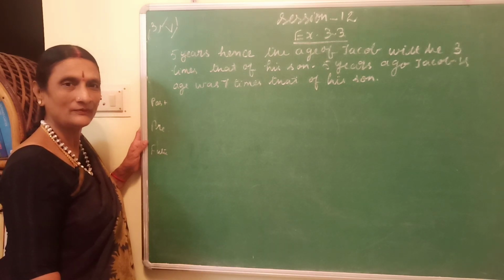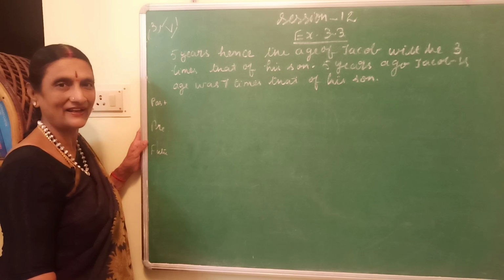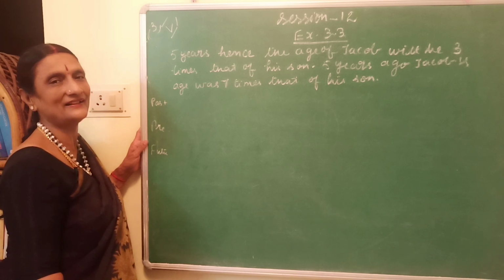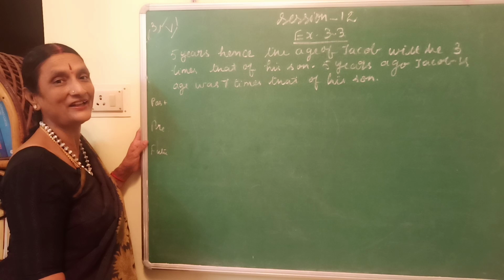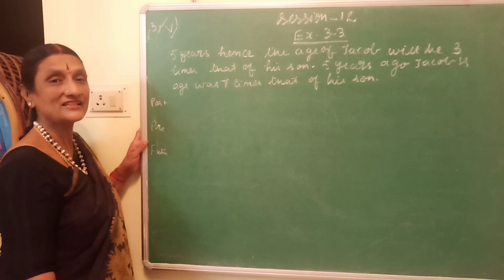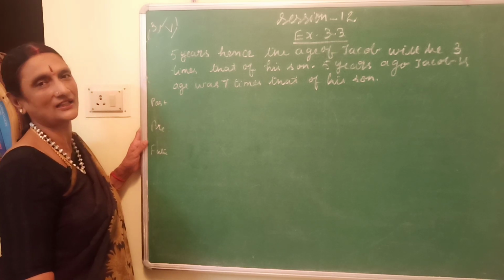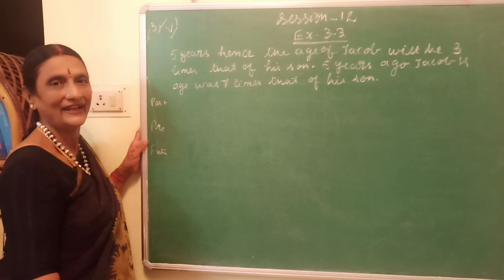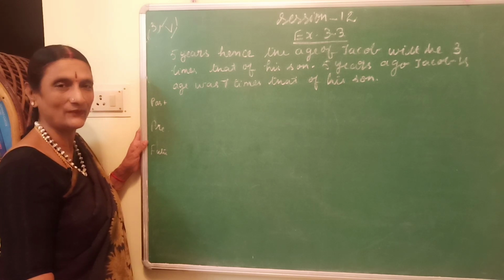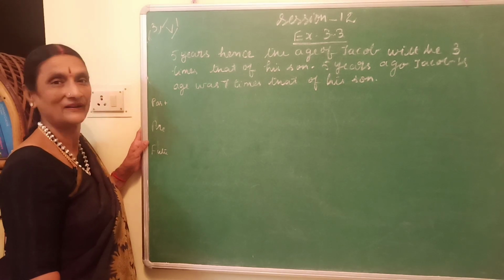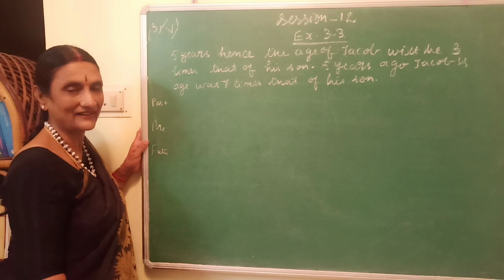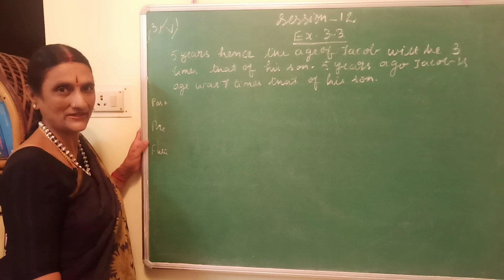But somehow you will make this mistake that son is 3 times the age of the father. It's very ridiculous, isn't it? So this kind of mistake should not come whenever you deal with your age sums. After getting the equations, once again you have to check whether you have done it correctly or not. Then you have to proceed.